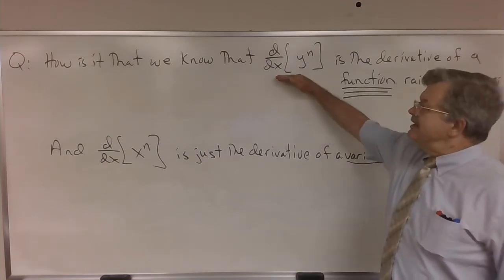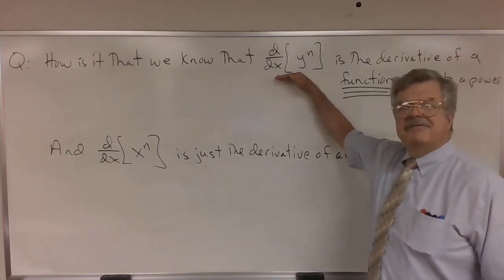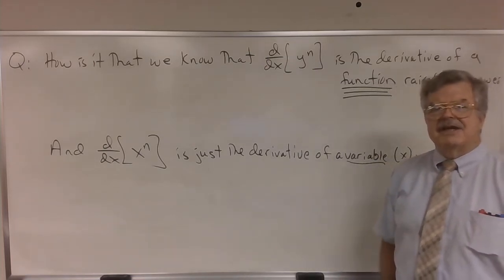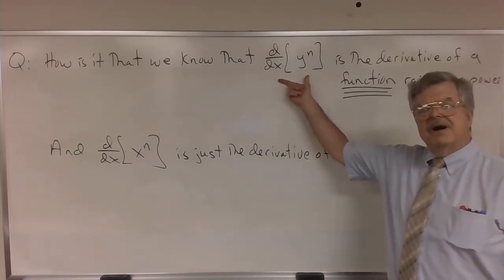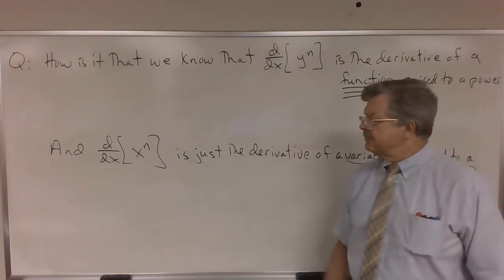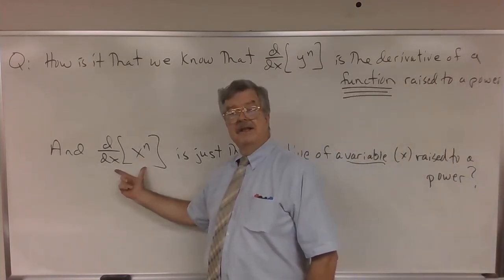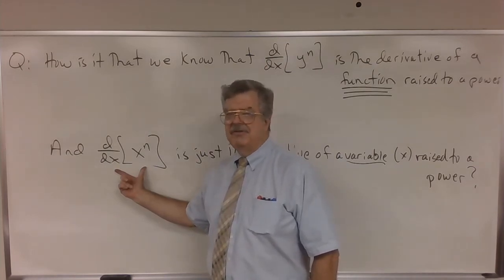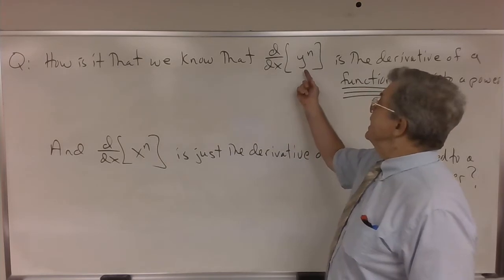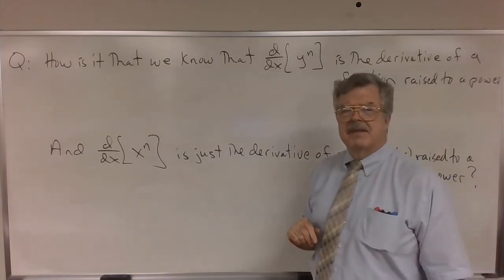What is it that identifies this as being a function raised to a power? Do you see anything appearance-wise that's significantly different here than it is here, other than the names of the variables? Here we have x to the n. Here we have y to the n.